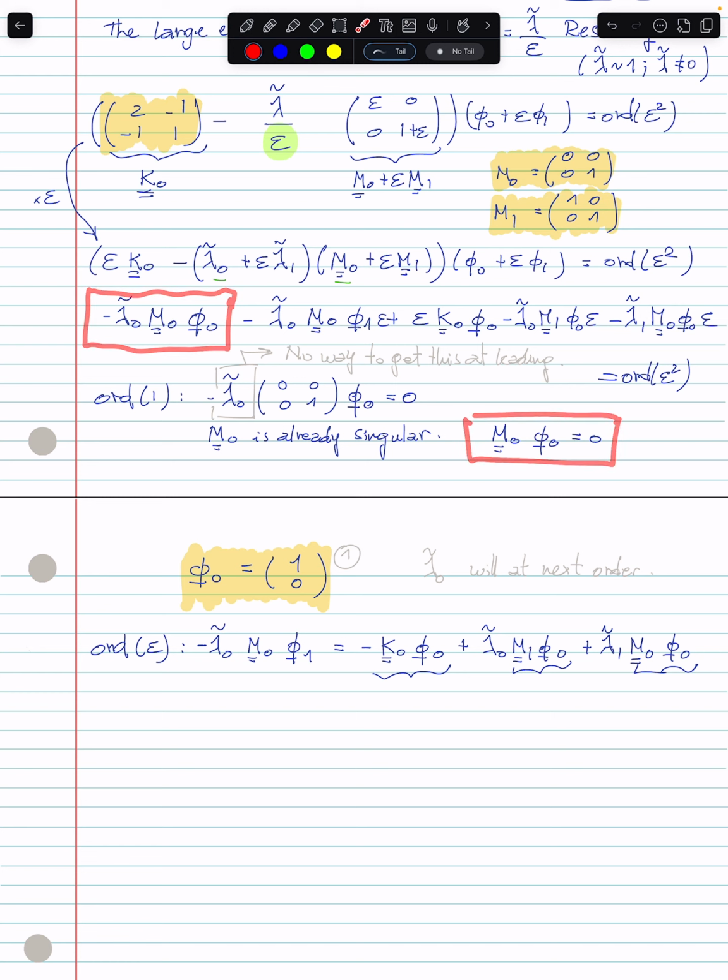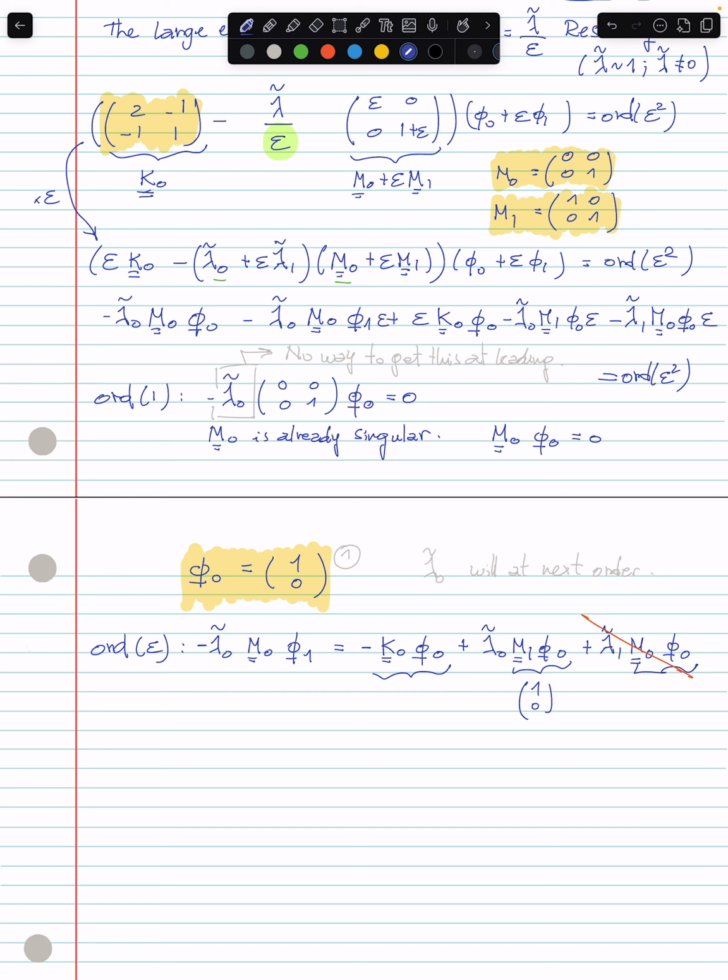This is also here, meaning that this last term definitely will vanish. All right, so that's good. m1 times phi 0, m1 is the identity matrix, so this is 1, 0.